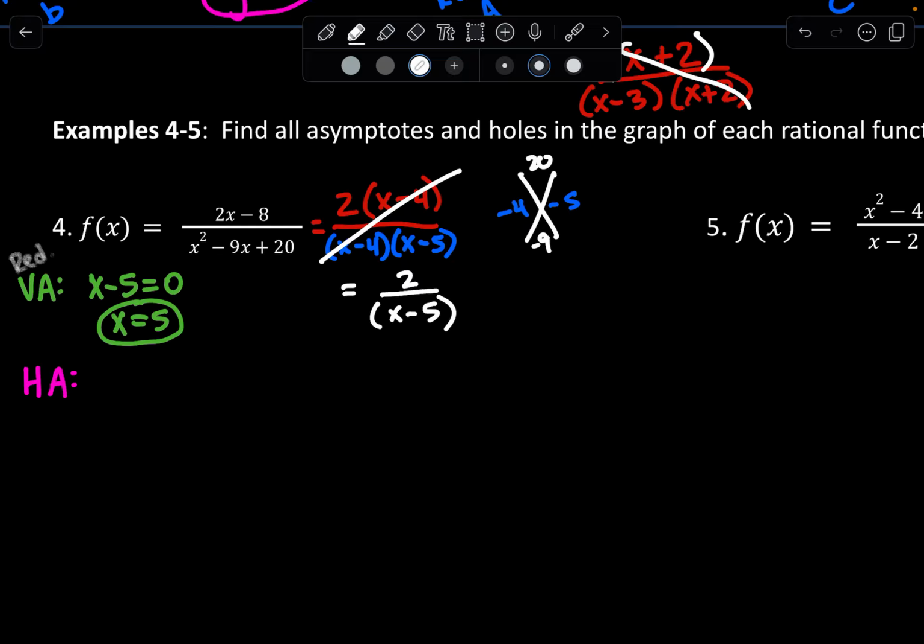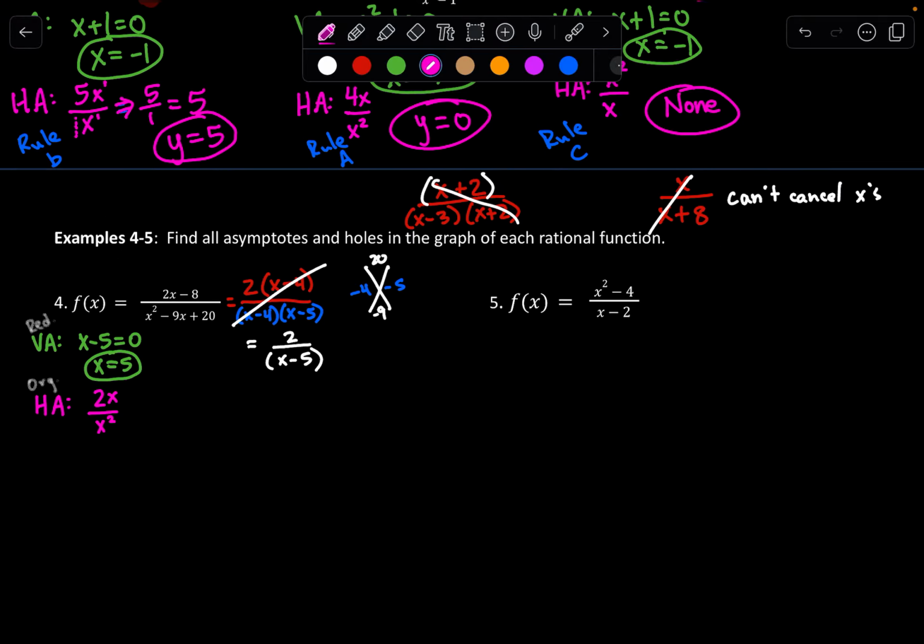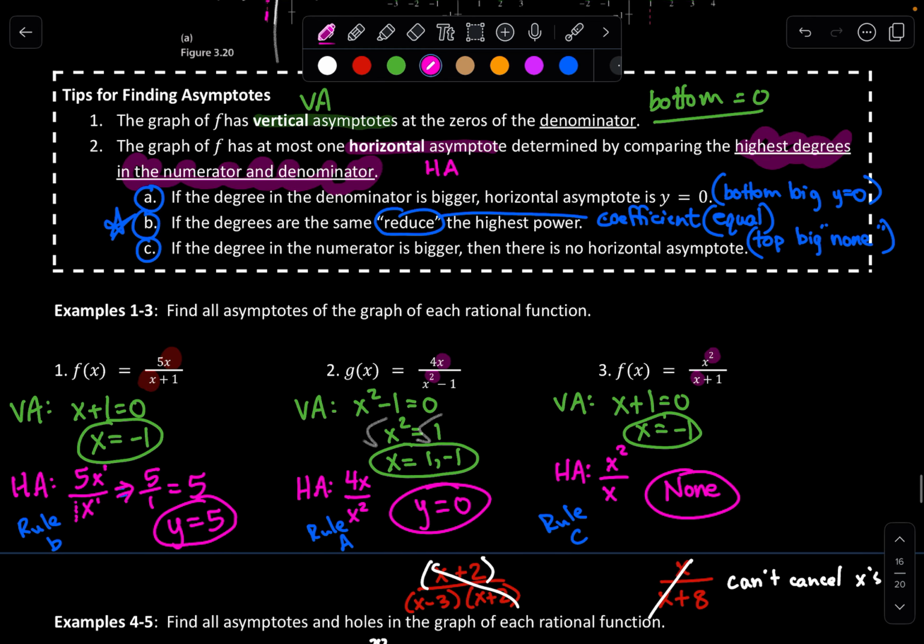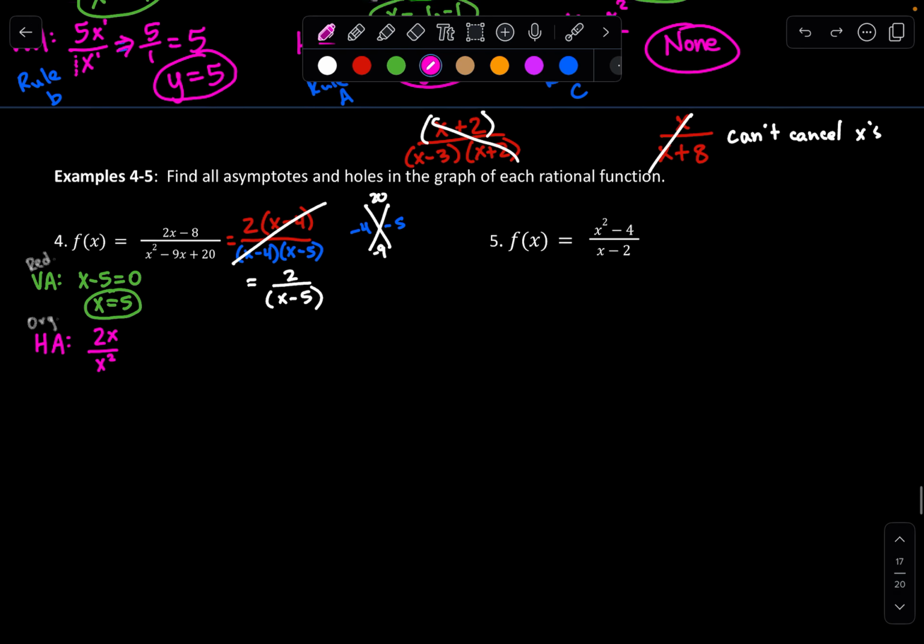But it's maybe a little easier to look at the original in this case, because then we clearly have 2x on top and x squared on bottom. So if we look back at our three options, here the bottom is bigger, the denominator is bigger. So we're looking at rule number 1, where if the bottom is bigger, y equals 0 would be your asymptote.